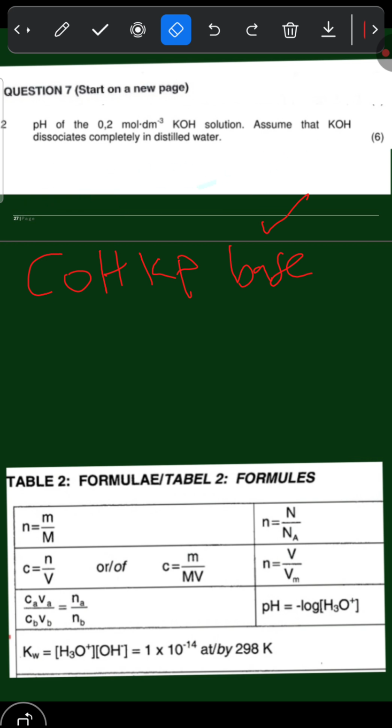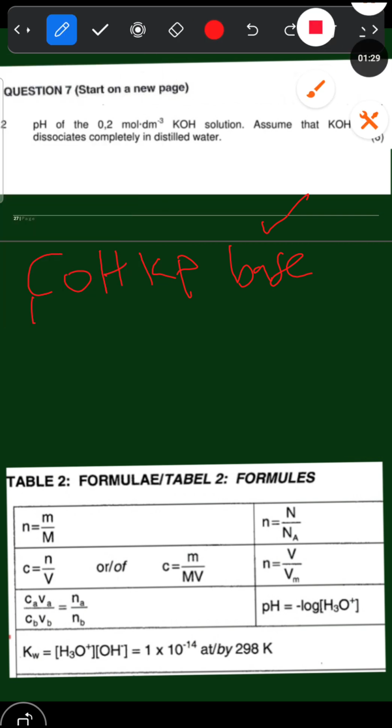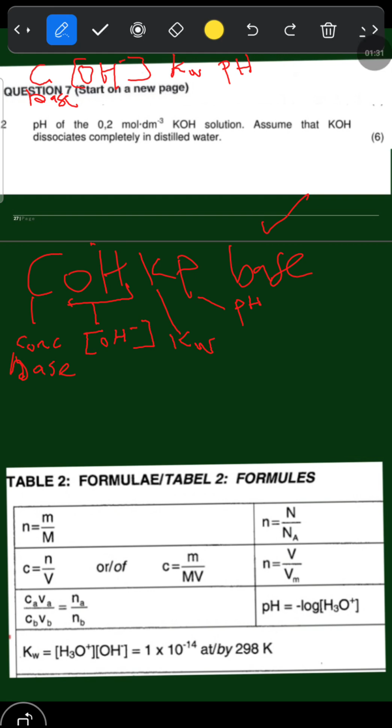Now let's follow this method. This is the concentration of the base itself. Now, this part is the concentration of the OH minus, since in a base we have got OH minuses.